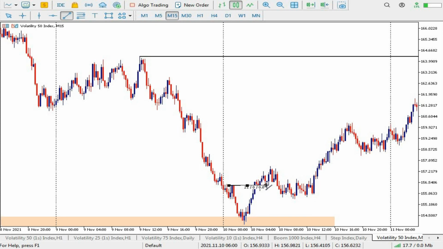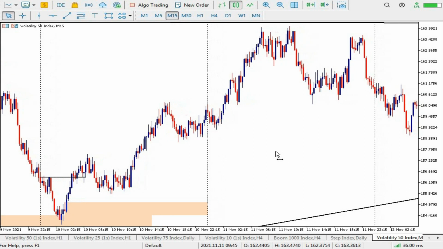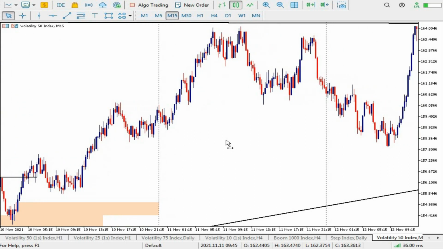This was the last lower high, which was being taken out, but the price didn't stop there taking out those last lower highs. They even took this one, but the order block which was responsible was this one right there, but the price failed to come back, so they continued going up and then continued going up.